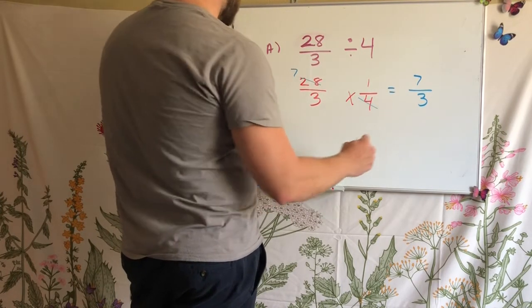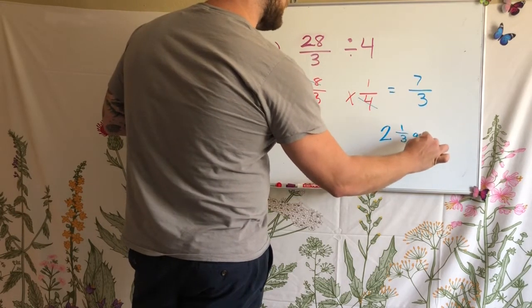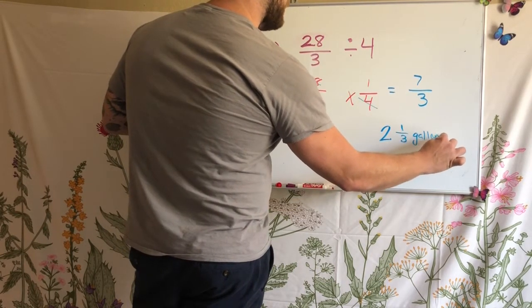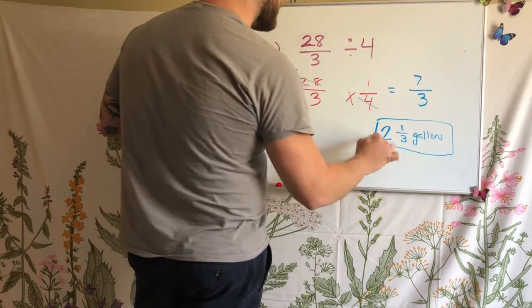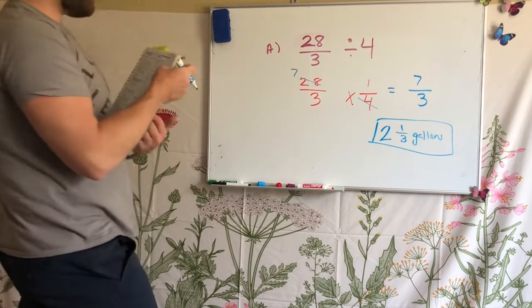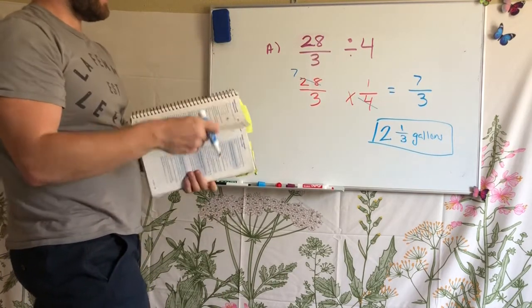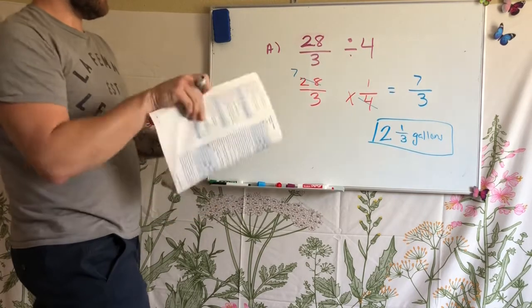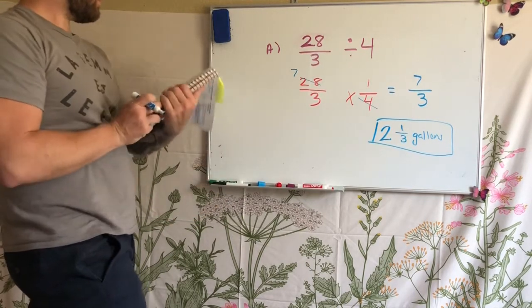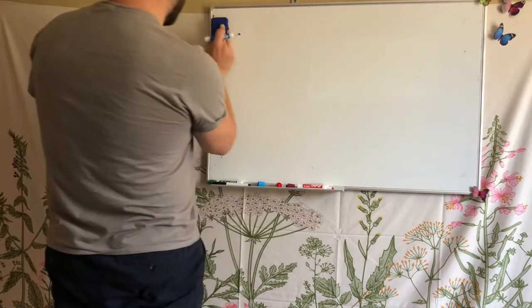What's the answer? 2 1/3 gallons. Boxing in your answer. This is what you should have. Next one, problem B. Work problem B. Pause the video.